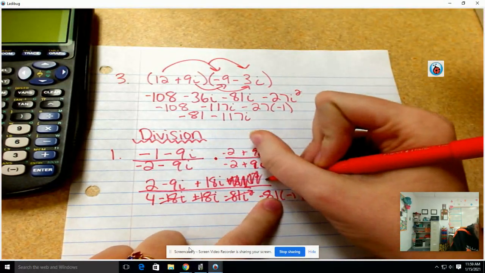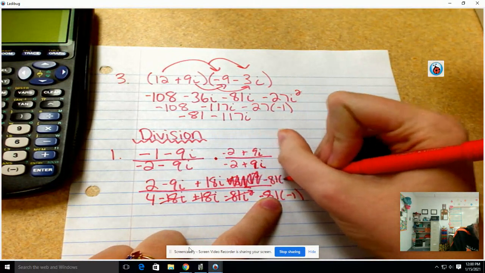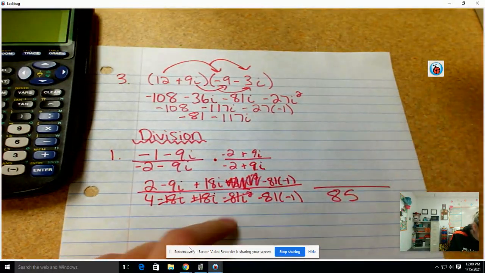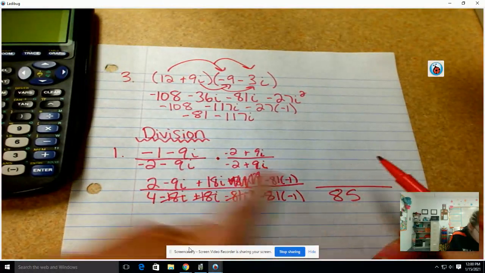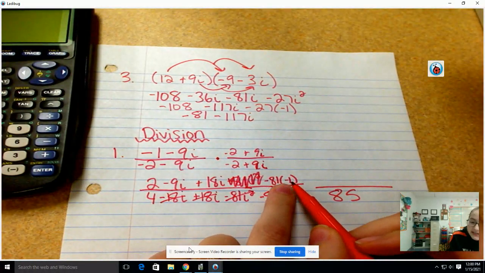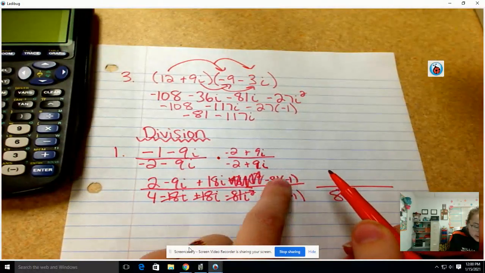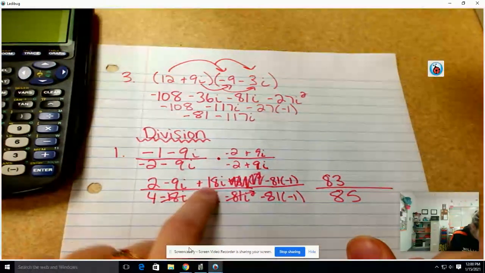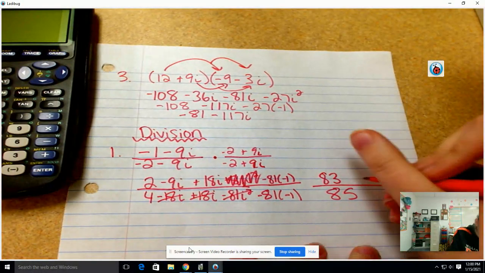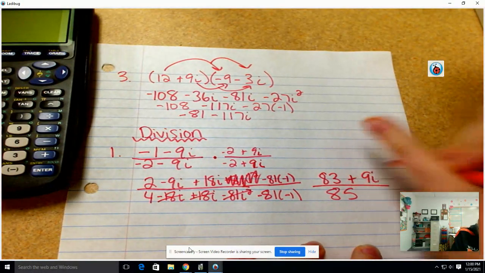I'm going to have negative 81 times negative 1 like I did at the bottom. Negative 81 times negative 1 is positive 81. 81 plus 2 is 83. Negative 9i plus 18i gives me a positive 9i.